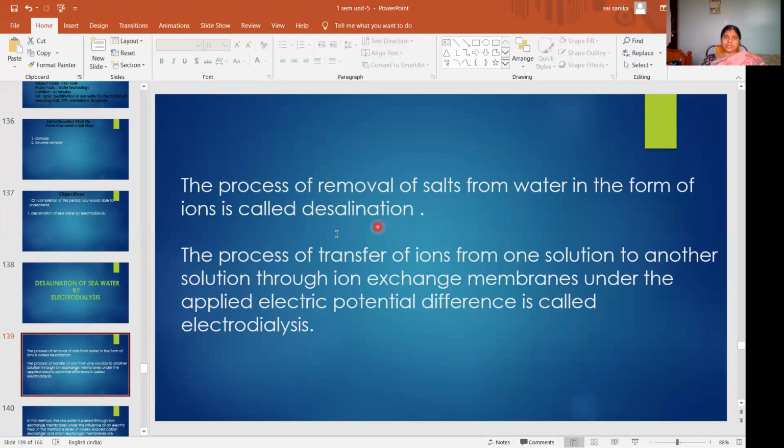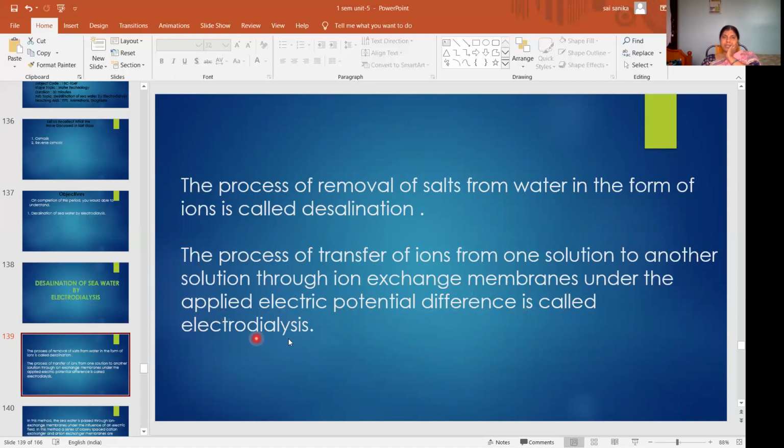Next, the process of transfer of ions from one solution to another solution through ion exchange membranes under an applied electric potential difference is called electrodialysis. So ions are transferring from one solution to another through ion exchange membranes under the influence of an electric field.